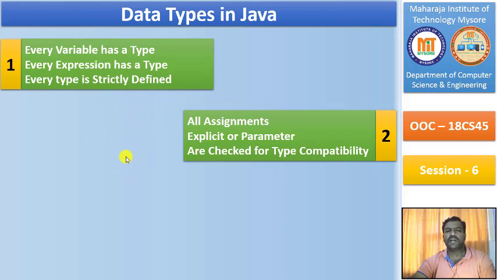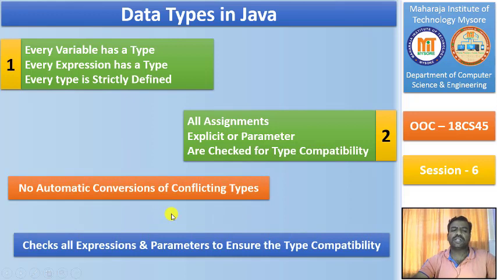Though these data types are similar to C and C++, there are some enhancements and improvements. For this reason, no automatic conversion of conflicting types happens in Java. It is the same with other C programs, but it is strictly maintained in Java. So it checks all expressions and parameters to ensure type compatibility, which is the second property I just told.